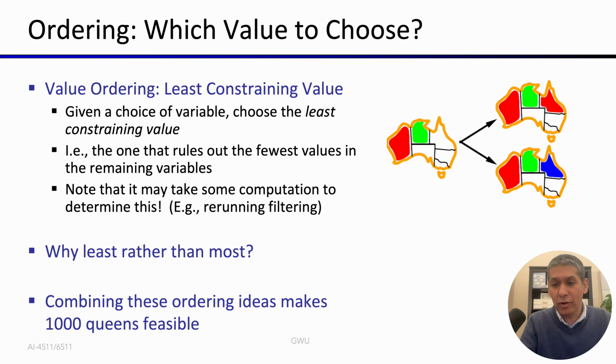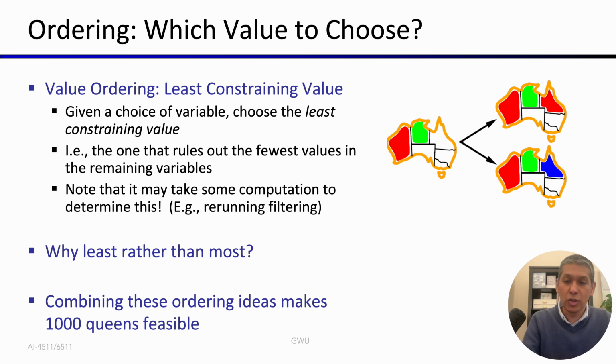For example, in backtracking search, if we don't use MRV and LCV, we can solve for about 25 queens in the n queens problem. But using these two ideas, we can already get to 1,000 queens. If you try to use just MCV, you'll find that it actually performs even worse than not ordering the values at all.